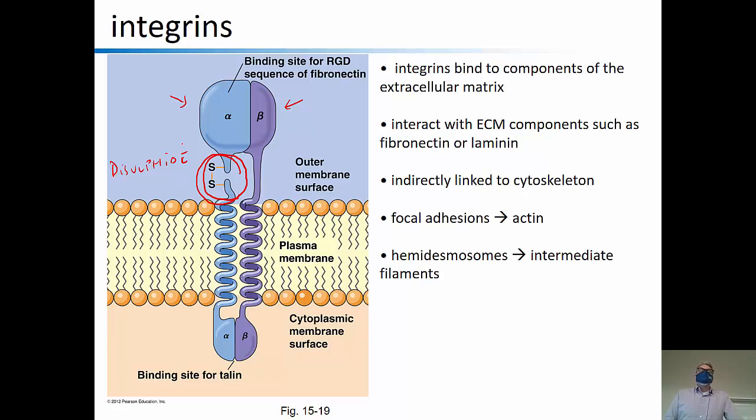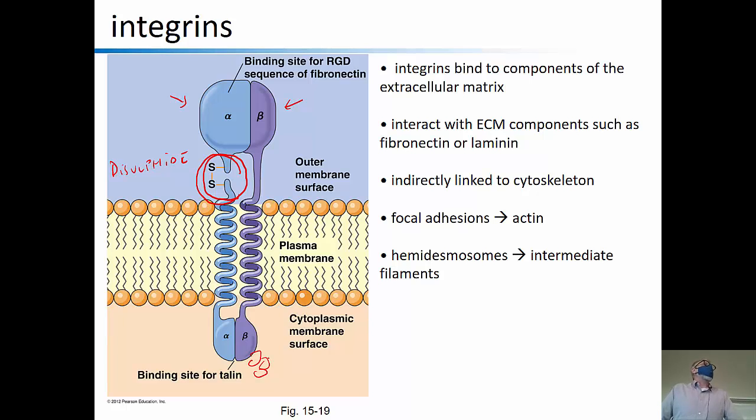Okay. They're linked, again, indirectly to the cytoskeleton. So that means there are going to be proteins between the cytoplasmic tail and whatever cytoskeletal element it's bound to.